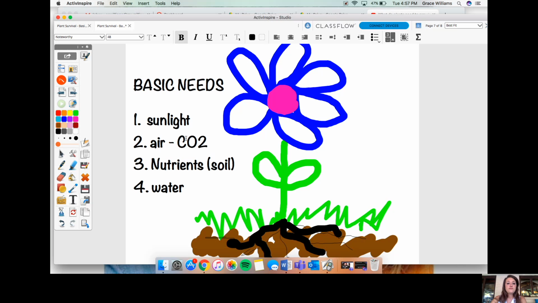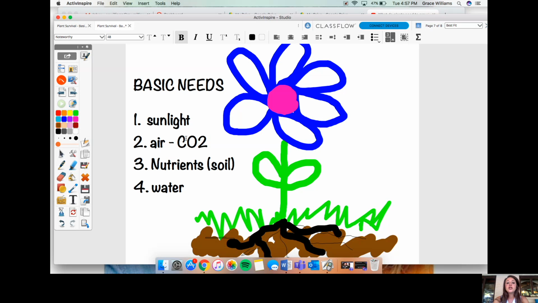So let's talk about why. The sunlight comes into the plant and goes into the leaves, and the CO2 comes in and comes into the leaves, and then they go into the chloroplast and the chlorophyll, and they turn into oxygen and glucose. And then the water comes down from the sky and falls into the ground.